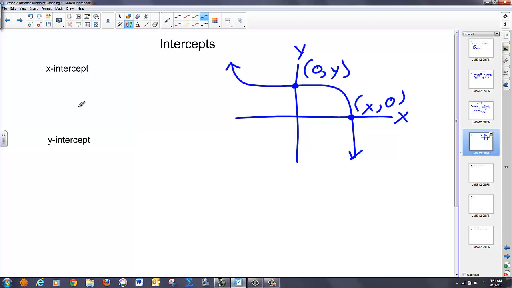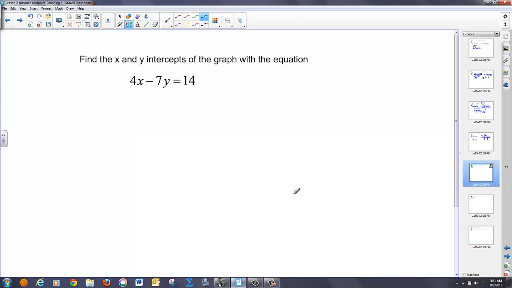So if I want to find any x-intercept, I basically set y equal to 0. And if I want to find any y-intercept, I set x equal to 0. So we'll go ahead and find an x and a y-intercept for a standard line.